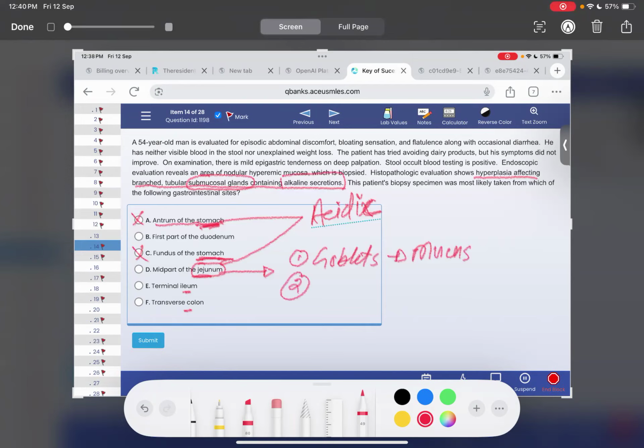Number two, it contains enterocytes, the cells of the intestine that secrete water plus electrolytes. There is less chance of bicarbonate or alkaline secretion. And the most important thing in the jejunum is that no submucosal gland is present over here.